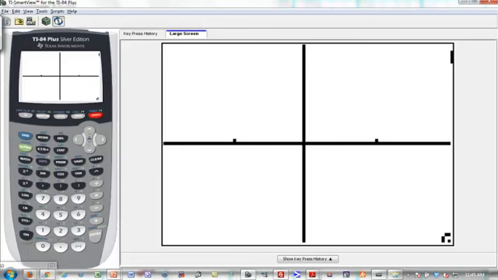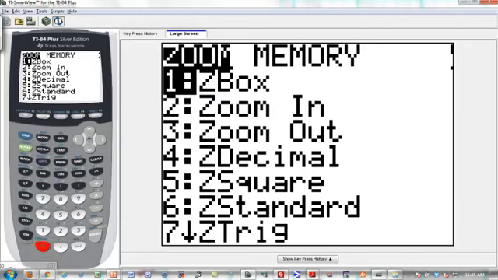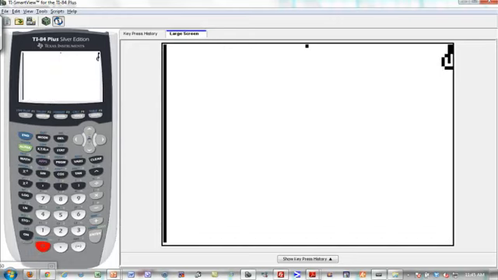You can barely see it there, but I bet if I zoom, zoom fit. Line it down. Where's that? It's going down the side.